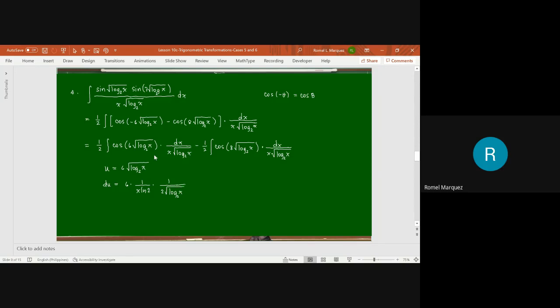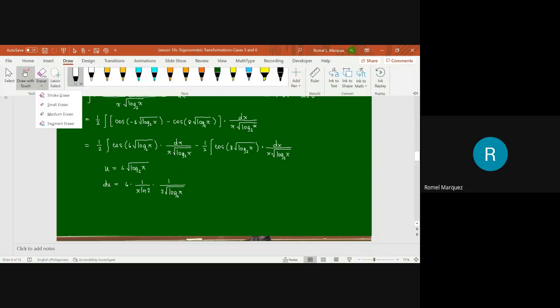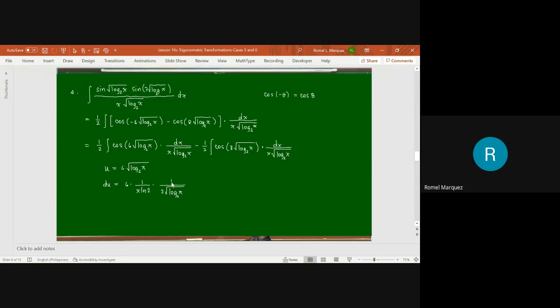Okay, guys? This is supposed to be in the numerator, but I can have it multiplied to this quantity. They are just the same. Okay, then multiply by dx.